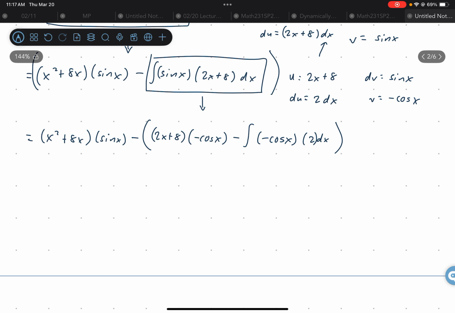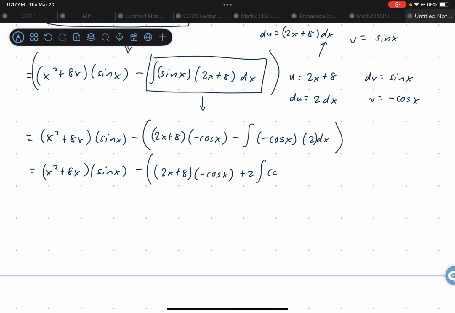I'm just going to keep simplifying here because we basically did all the heavy lifting for this problem already. 2x plus 8 times negative cosine x, and then plus 2 times cosine x dx equals x squared plus 8x.